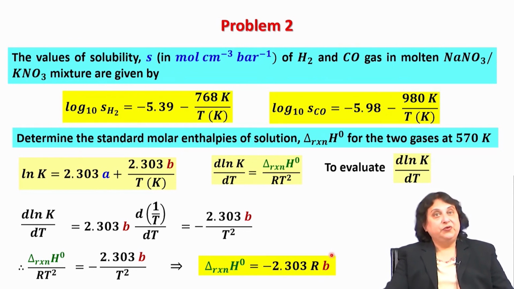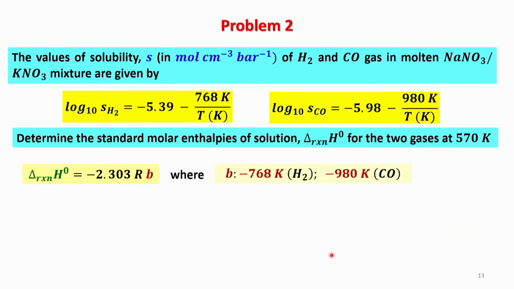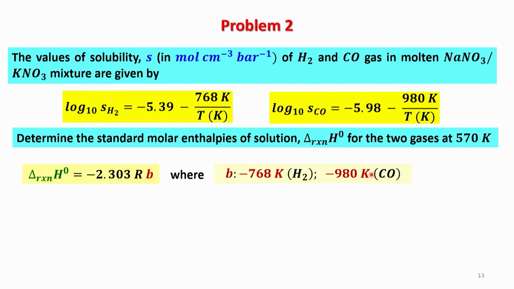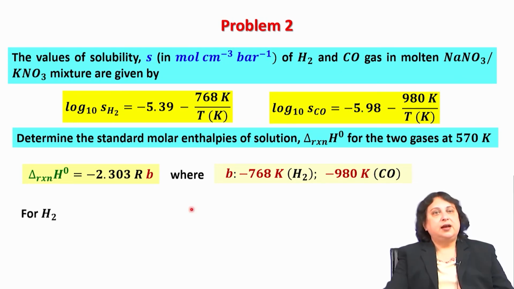Okay. So, moving ahead, what do I have? For the given gases, the standard molar enthalpy of solution is this, where I know the characteristic constant B for hydrogen and the same for carbon monoxide. So, I will write it out for hydrogen.